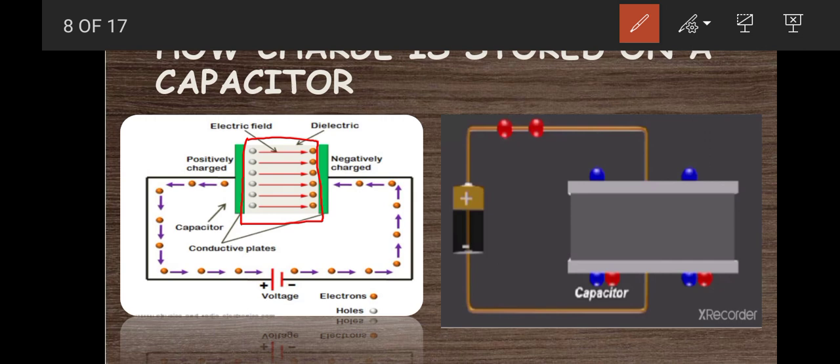If we use a conductor between the plates, the electrons will move again towards the positive plate and keep on moving in the circuit. But here, as we have used an insulator, they will remain static on both of the plates.